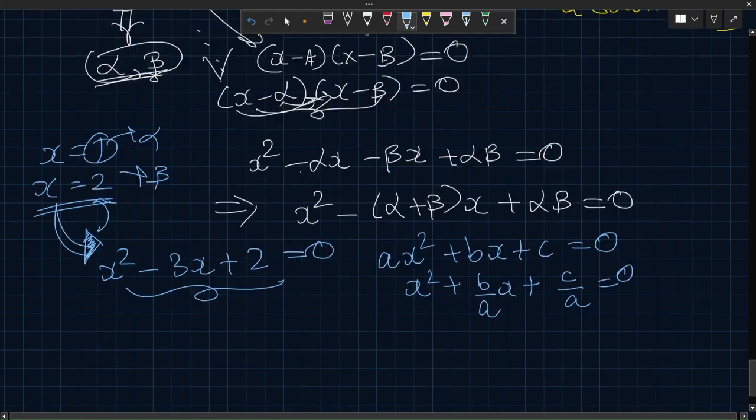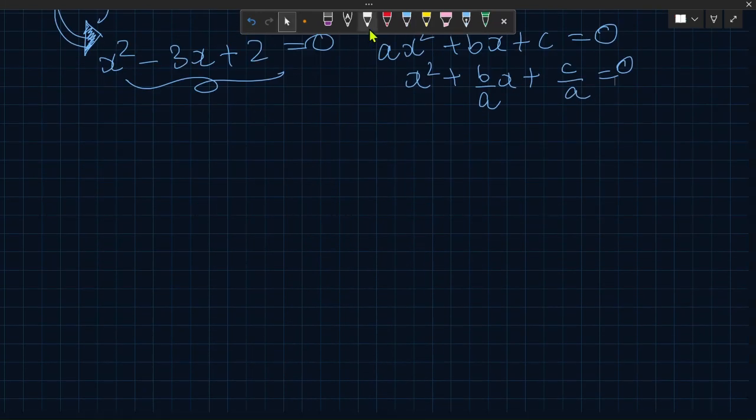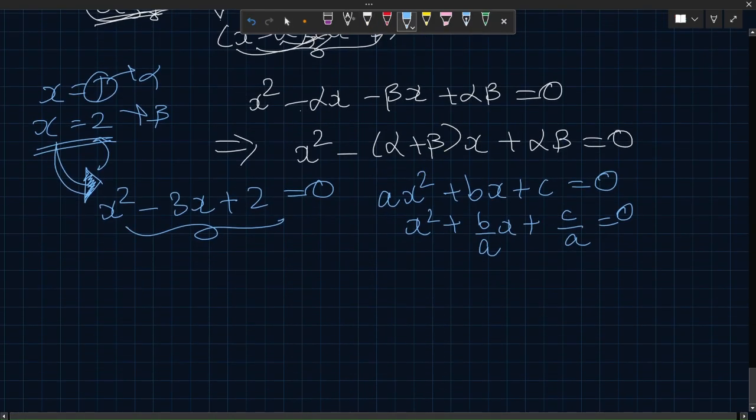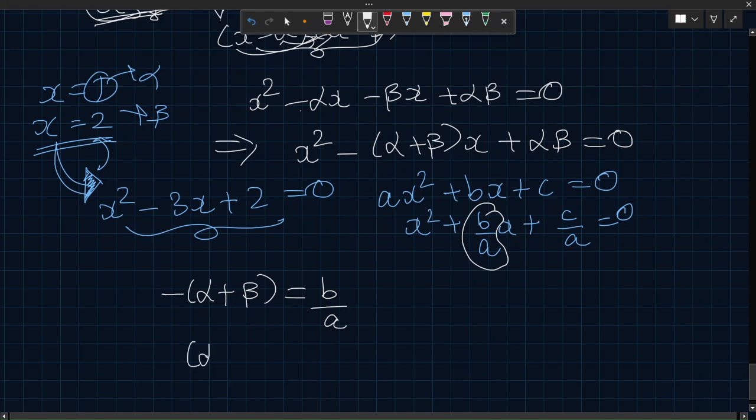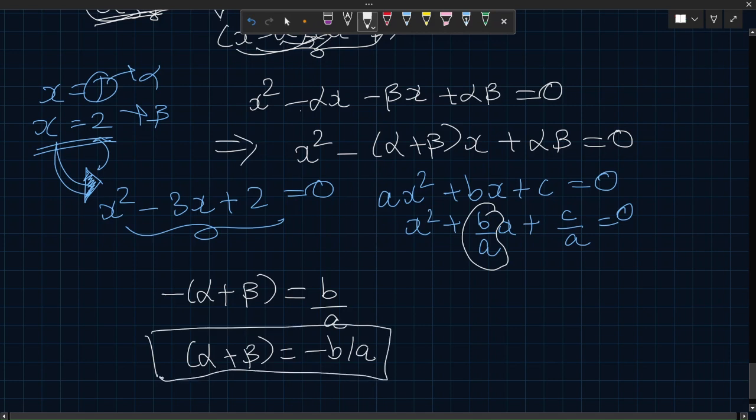But if alpha and beta are the roots of my quadratic equation, if alpha and beta are the solutions to my quadratic equation, by comparison, can I not say that minus of (alpha plus beta) should be b by a, which means alpha plus beta is minus b by a, and by comparison alpha into beta should be c by a.